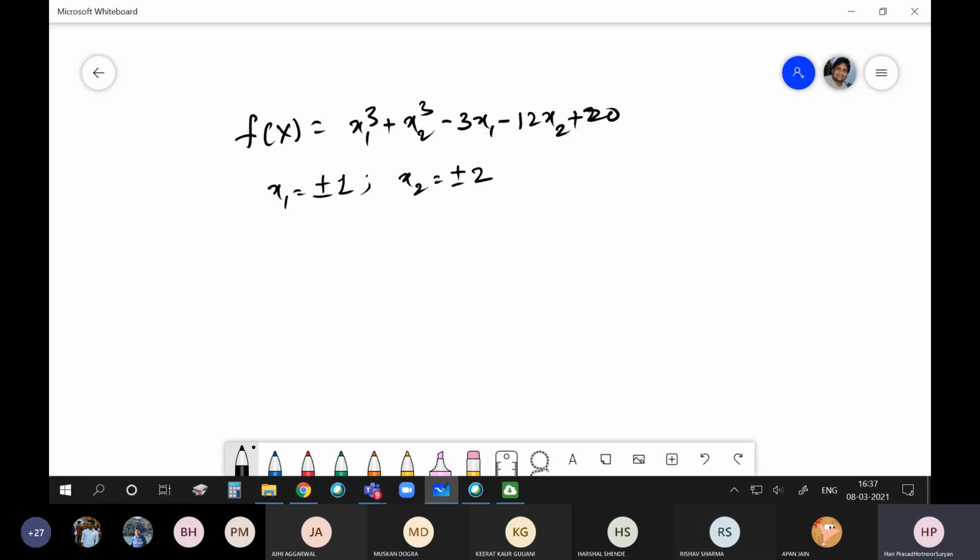What is the value of the eigenvalues for this? How much is lambda 1 and how much is lambda 2?